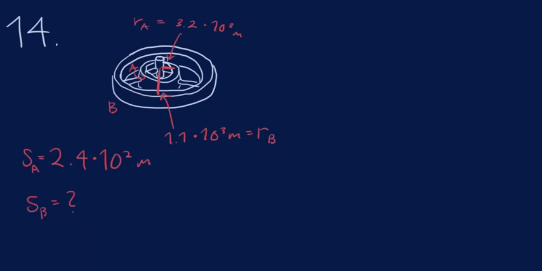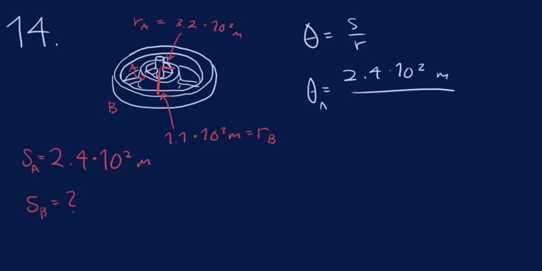Now all we have to do is do our handy dandy formula theta equals S over R, because we know S, that's 2.4 times 10 to the second, and then we know R. This is theta A, but it's going to be theta for both of them, so we don't need to distinguish that.